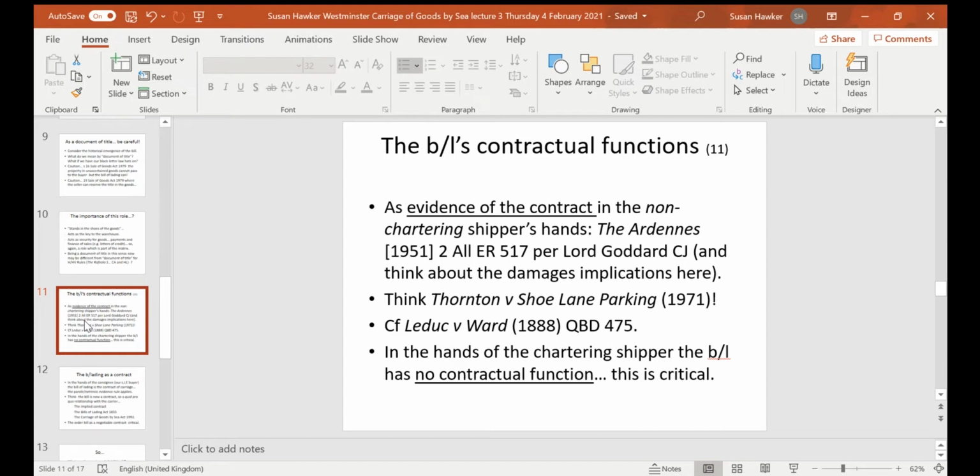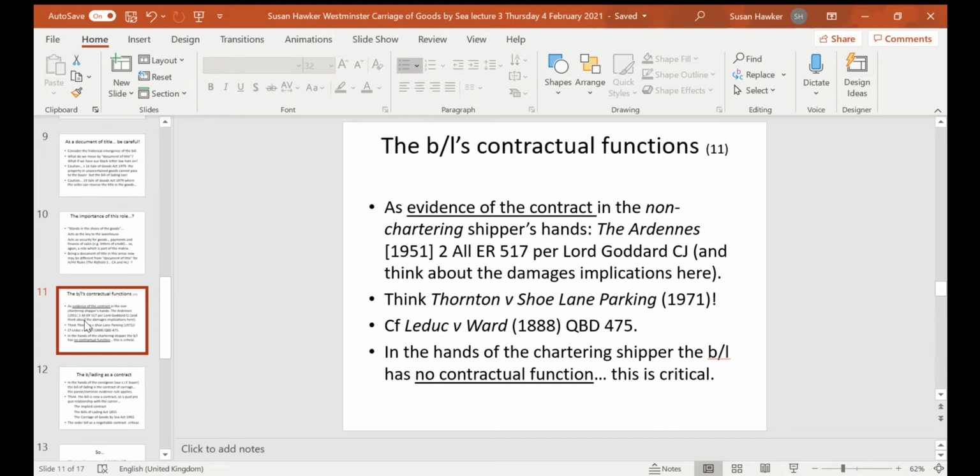And the carrier said, oh dear, I feel your pain, but actually look, in my bill of lading, which is admissible, which evidences our contract, there is my standard deviation clause, which excludes my liability for the deviation. No, it doesn't, said Lord Goddard. It absolutely doesn't.